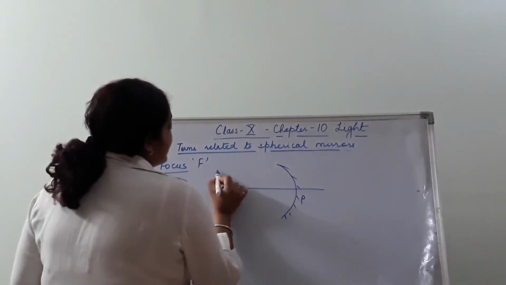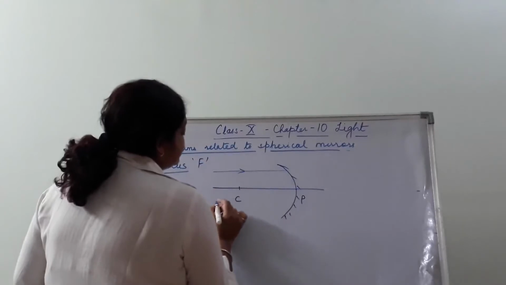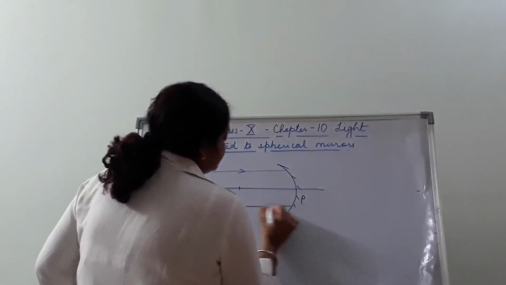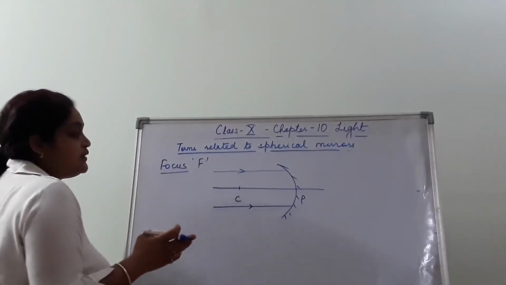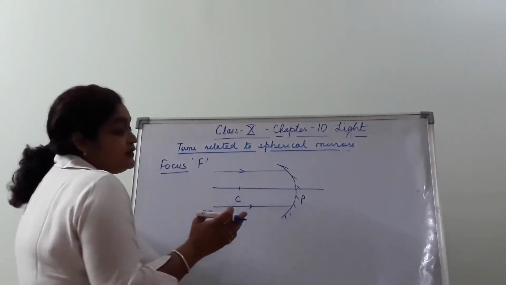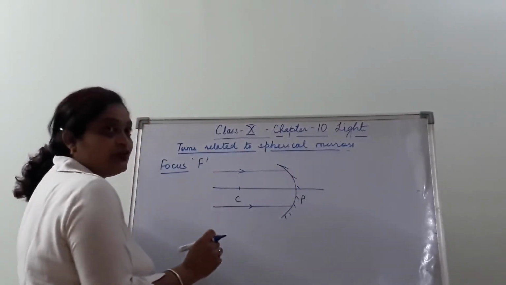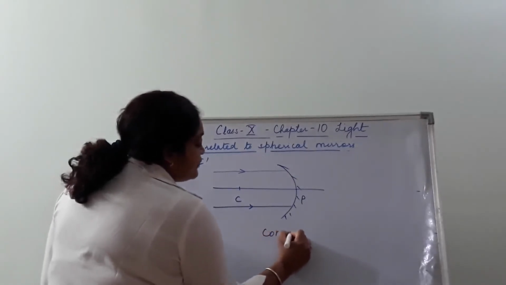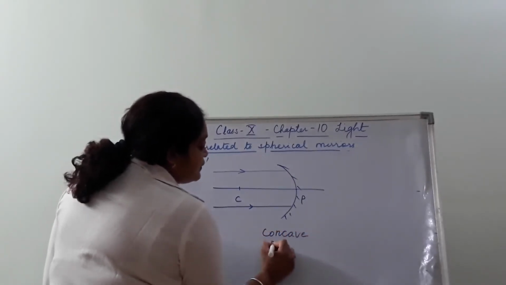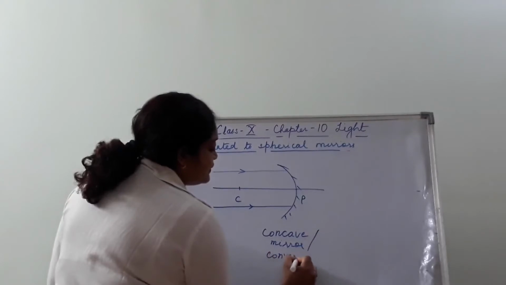Now when parallel light rays fall on this mirror, what will happen? The light rays will reflect, following the laws of reflection of light. So this type of mirror, that is the concave mirror, is also called the converging mirror.